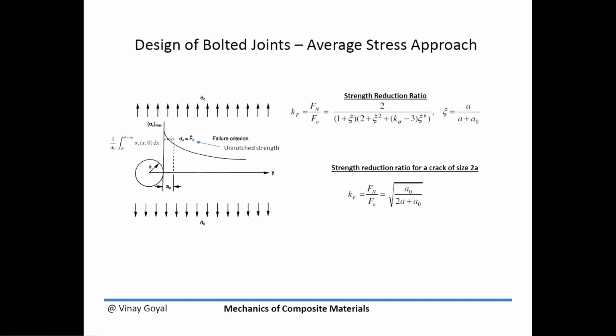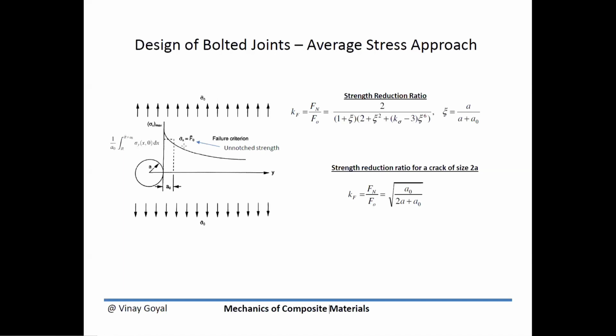So what we're trying to do here is find equal areas here and here that cancel out, or find the integral from R to R plus a naught. Basically, integrate this stress from here to some distance, such that when it's averaged over the distance, I get the unnotched strength.